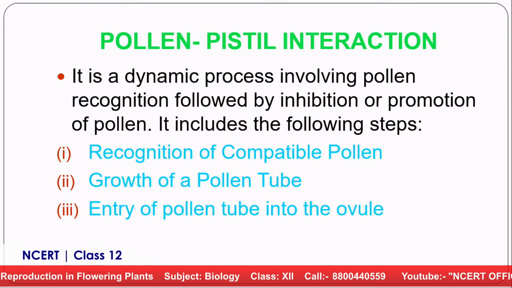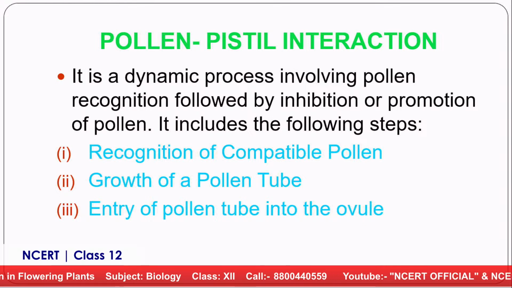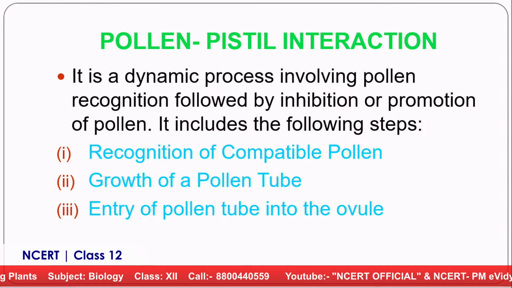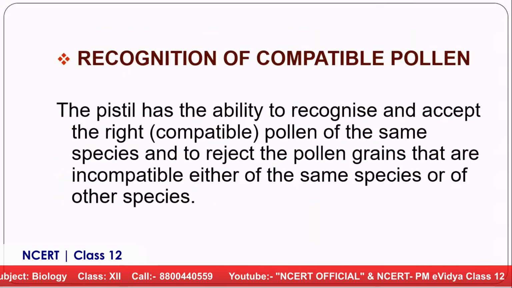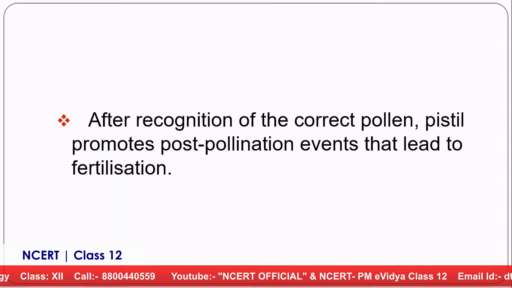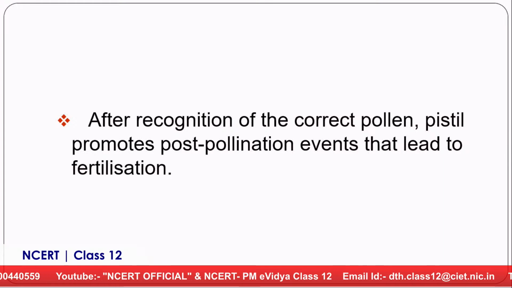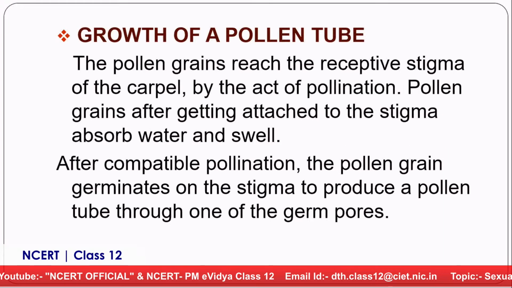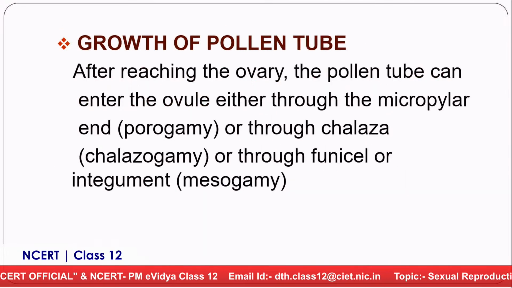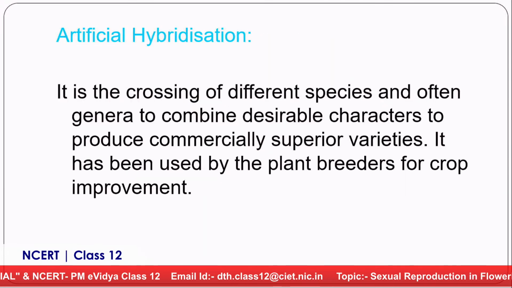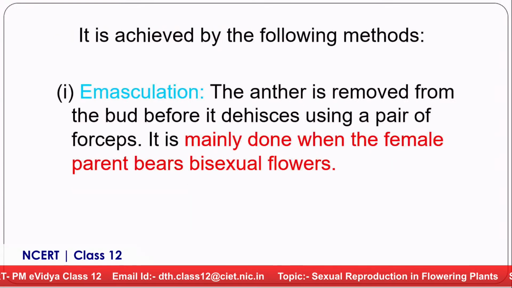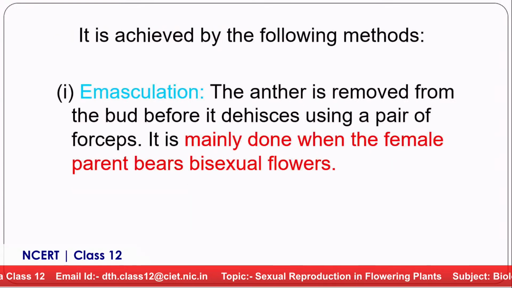Right. That how it gets recognized, how the growth of the pollen tube happens, how the entry of the pollen tube into the ovule, what is the role of the enzymes, how they find out whether the pollen grain is compatible or not. So this question, and as we discussed about the hybridization, this one, artificial hybridization, because ma'am, this part is also in the practical area.